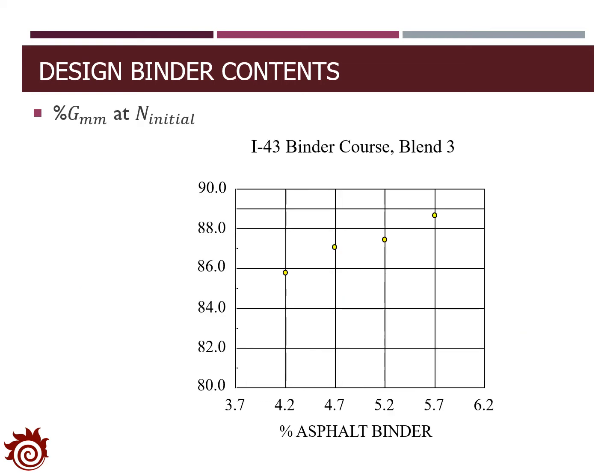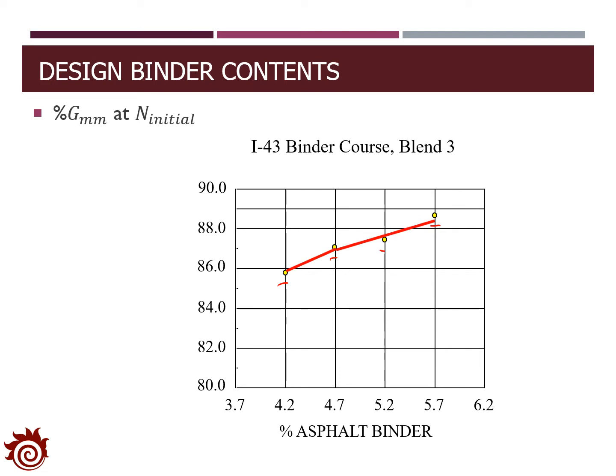Finally, we want to find out the maximum specific gravity at the initial with respect to the designed asphalt binder contents. From the experiment, we can get 4 points about the maximum specific gravity with respect to asphalt contents, and then we will apply the curve to fit to all these 4 points.